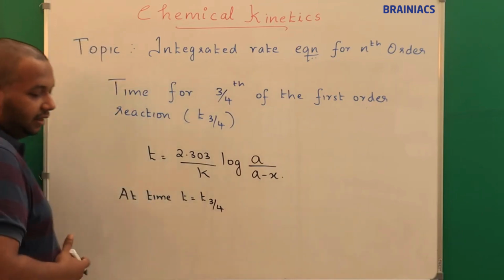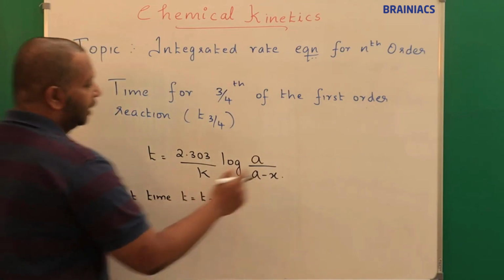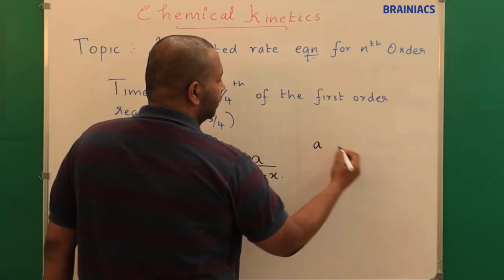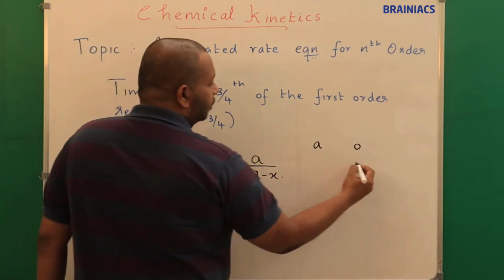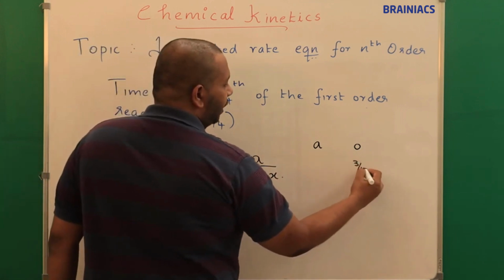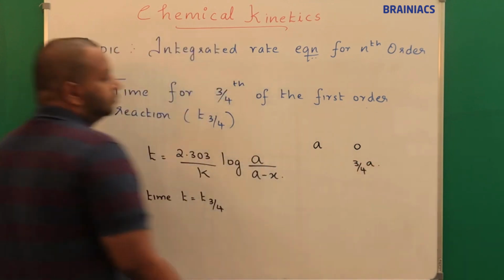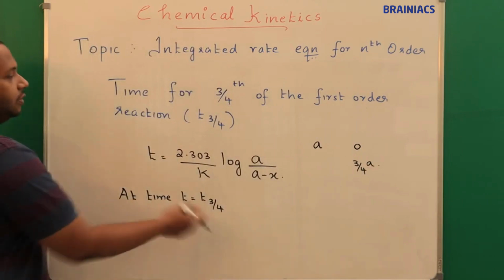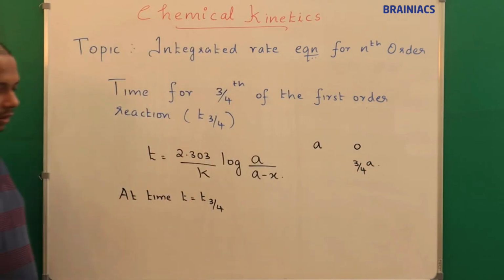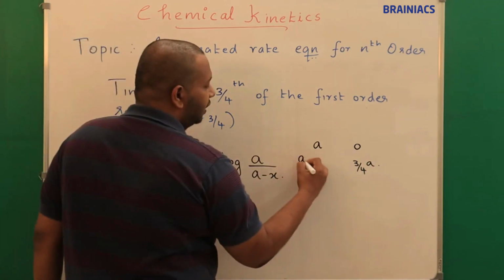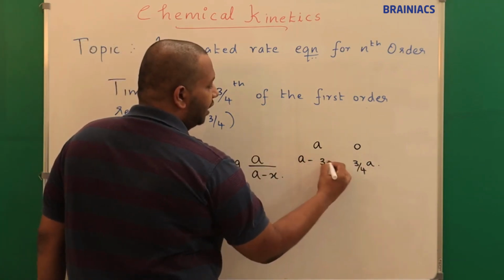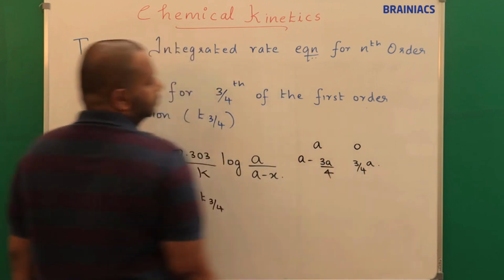So I can say here x, so initially it was A, then concentration was 0. Thereafter we know that 3 by 4th of A has formed, correct? Because 3 by 4th of the time has passed out, correct? So in this case I can say what will be this one, then A minus 3A by 4.